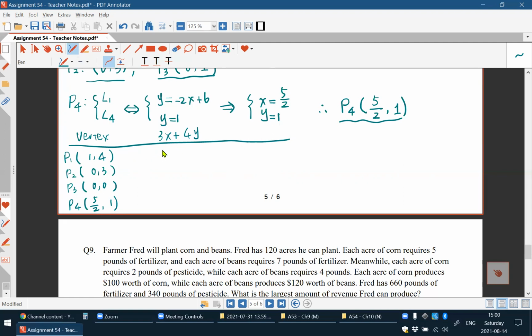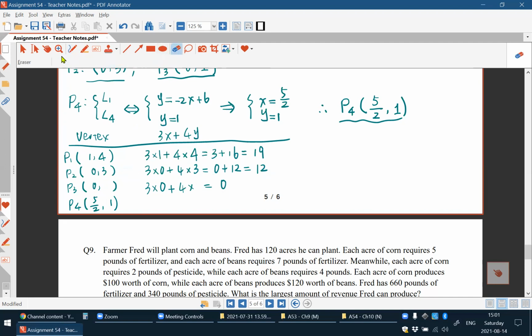And at different vertices, target function is 3x plus 4y. So at P1, value is 3 times 1 plus 4 times 4, which is 3 plus 16, which is 19, right? At P2, target function is 3 times 0 plus 4 times 3 equals 0 plus 12 equals 12. At P3, sorry, the y coordinate is 1, not 0.